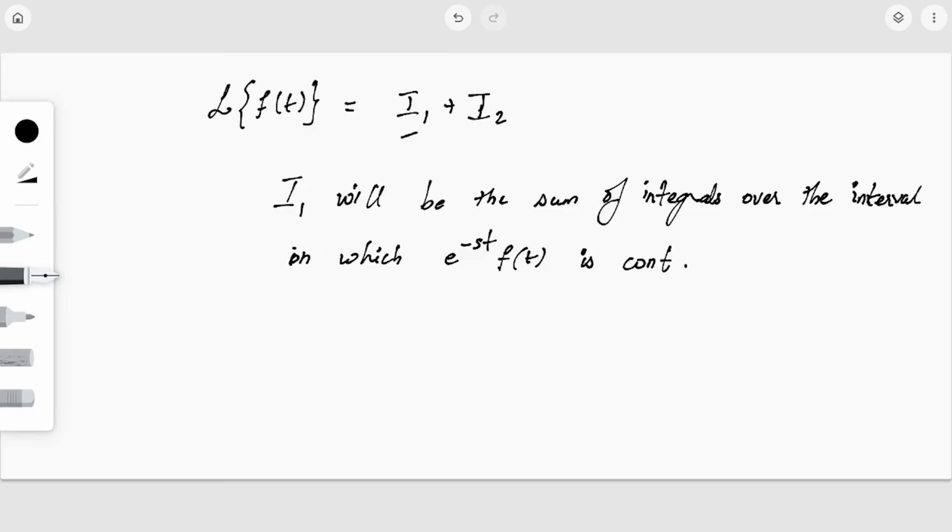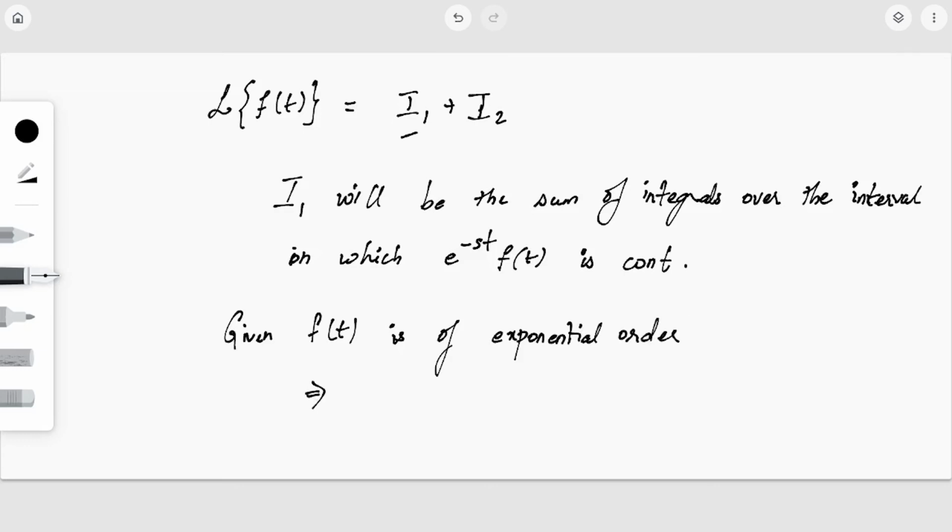Now in case of I2, what happens is, given that f of t is of exponential order, right?